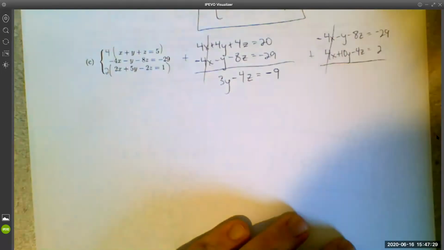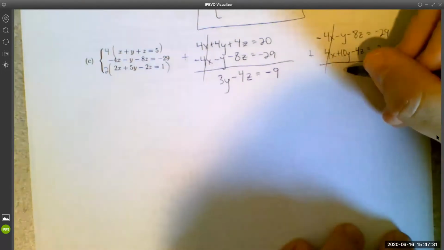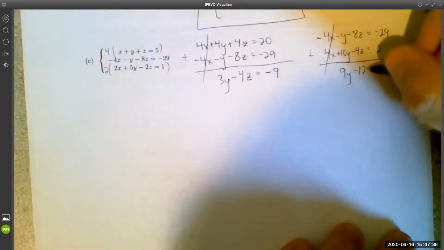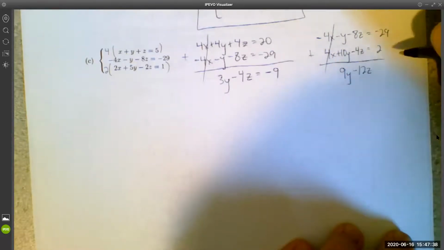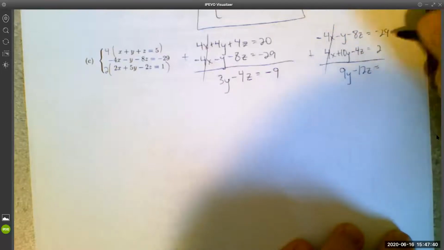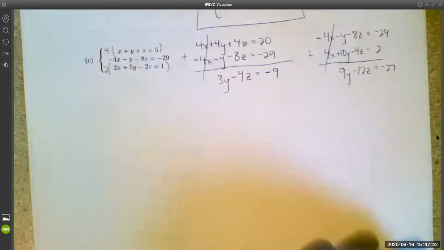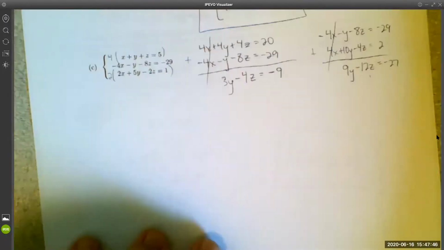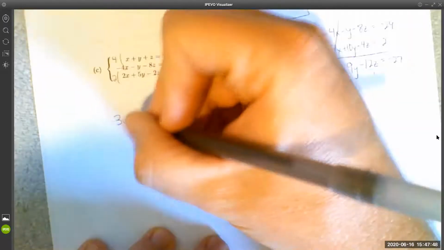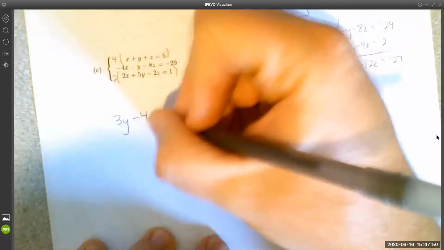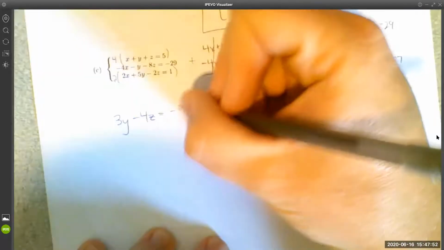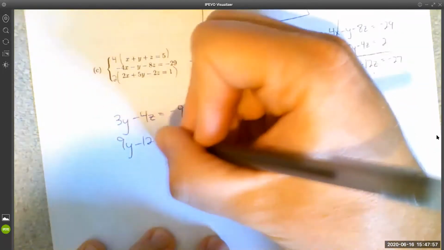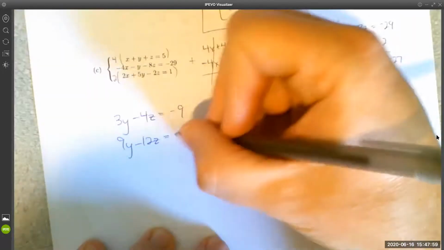Add those up. Okay. These two equations now form their own new system. 3y minus 4z equals negative 9, and 9y minus 12z equals negative 27.